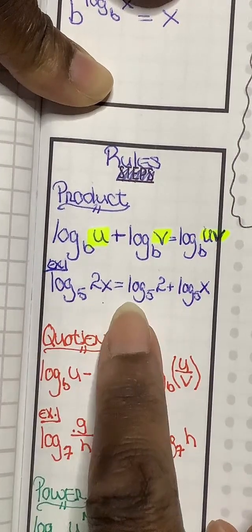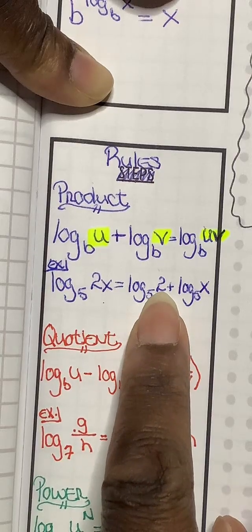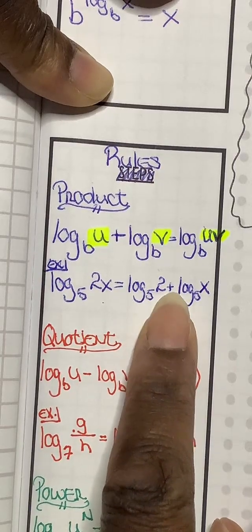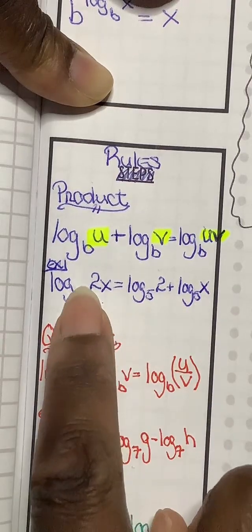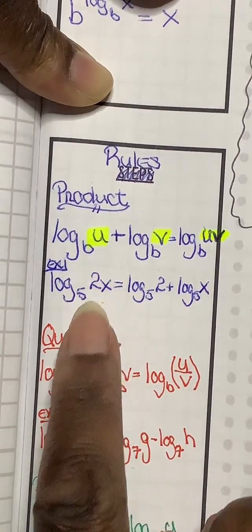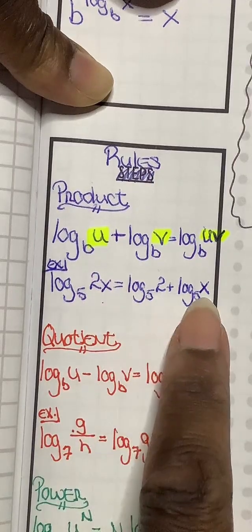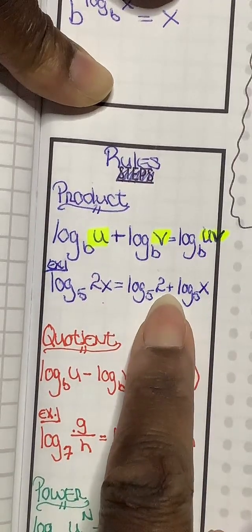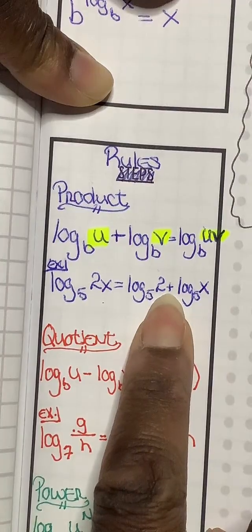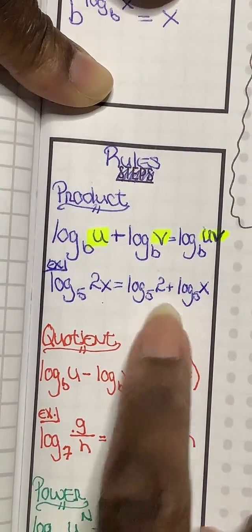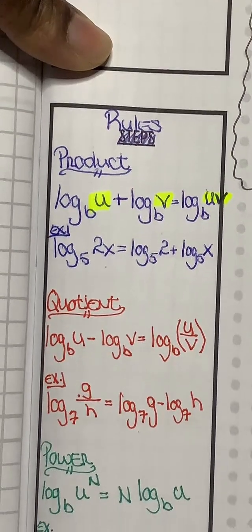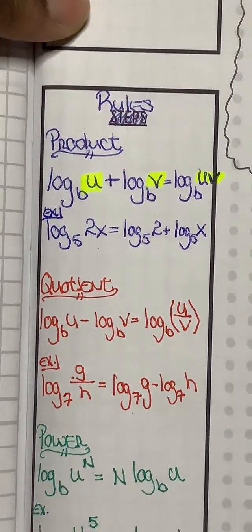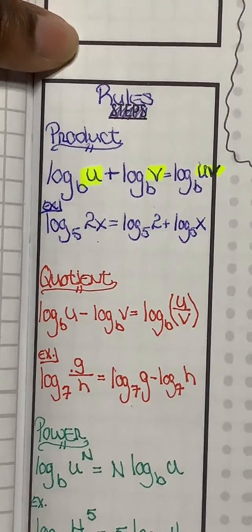So I'm doing log base 5 of 2 plus log base 5 of x. So I took this product and I split it into its own logs and separated it with a plus sign. We're going to be doing a lot more examples, so you'll see what I'm talking about. Okay, so right now, either write it down or reflect on it.